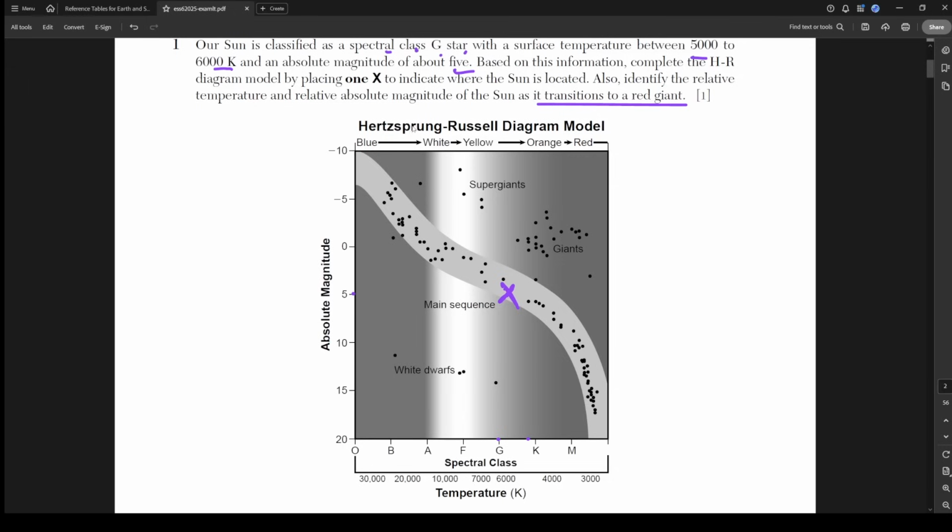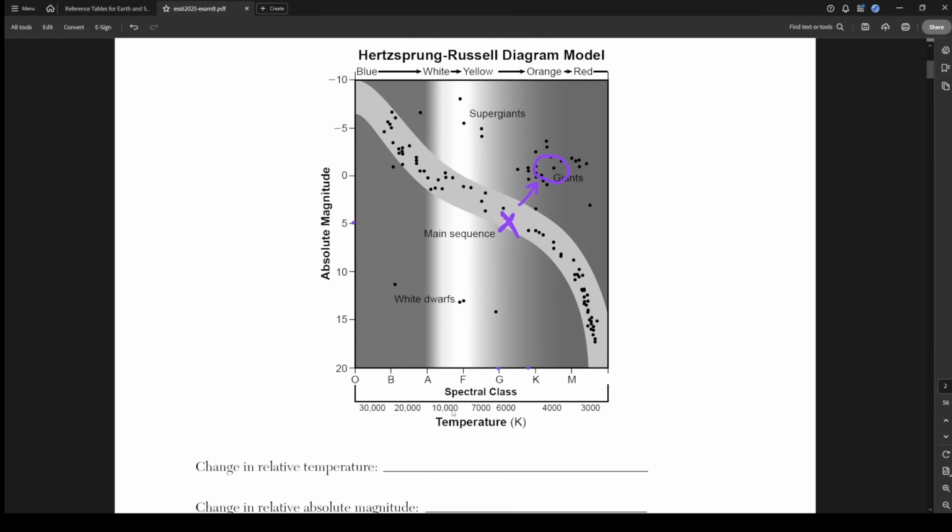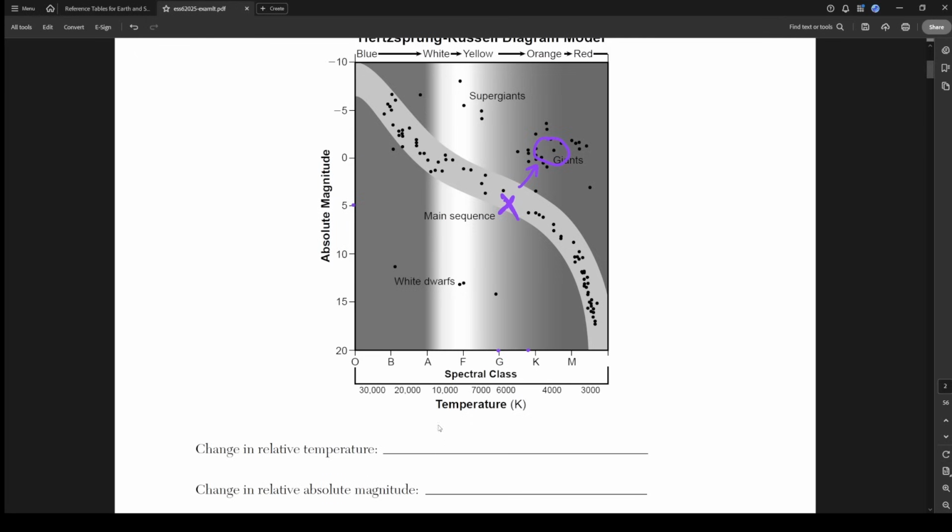And then identify the relative temperature and absolute magnitude of the sun as it transitions to a red giant. So you can see the giants are here, so we're going to be going this way. I need to know what happens to the temperature and magnitude as we go there from here. You can see the temperature is going to drop because a star in this zone is 4,000, so this is going to decrease.